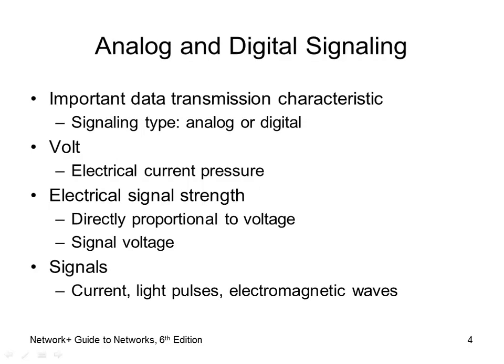So there are different types of signaling. There's analog and digital. We don't have to get into too much of the electronics of this, but digital is a 0 and a 1. Computers use 0 and 1, so that makes it a perfect fit. An analog signal is one that actually travels along a wave, and the wave is constantly changing.